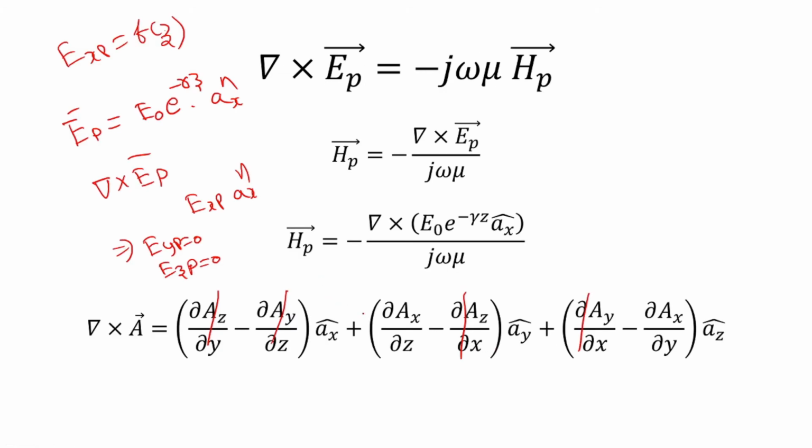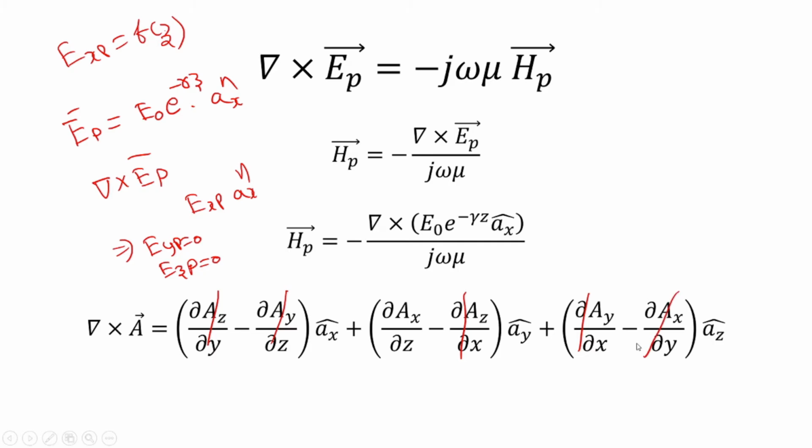The only remaining terms are dou Ax by dou z ay cap minus dou Ax by dou y az cap. But this Ax we have is only a function of z. It is not a function of y.